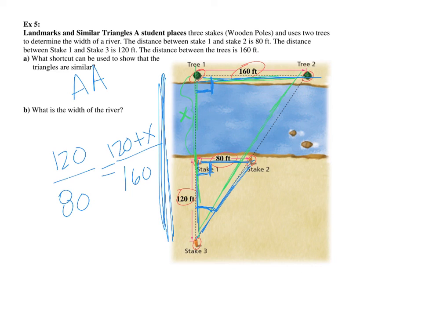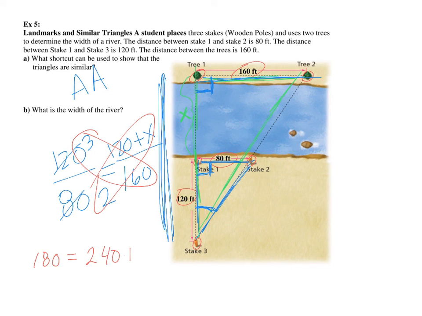Okay, so now I will simplify this fraction before I cross multiply, which is 3 over 2. I cross multiply, and I get 180 is equal to 240 plus 2x.